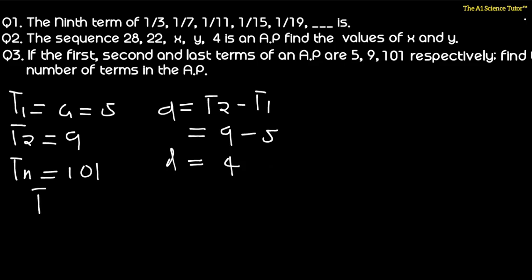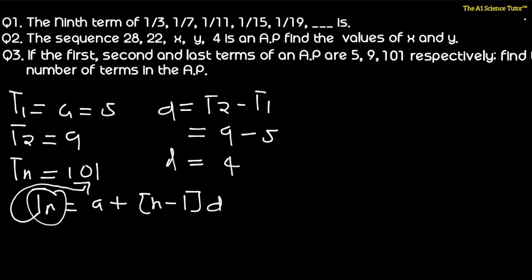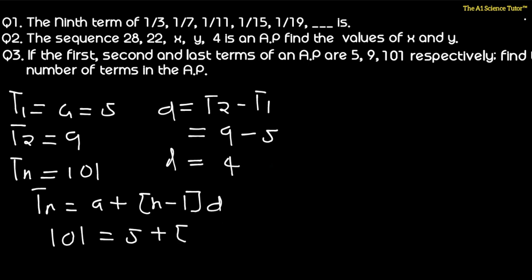Now, we know that Tn is equal to A plus n minus 1 multiplied by D. Now Tn in this case, we're choosing it to be 101. So if that is going to be 101, that means we need to find what n is. In this case, we know that A is 5, and n, we don't know what it is, and D, that is 4.